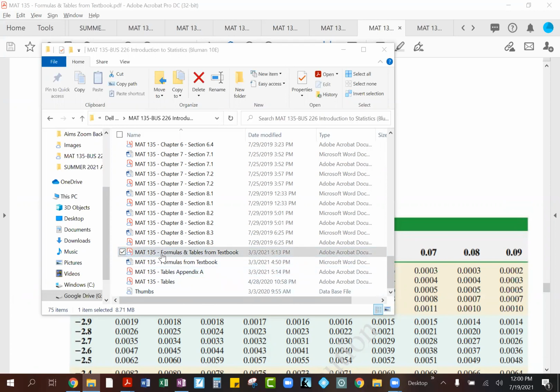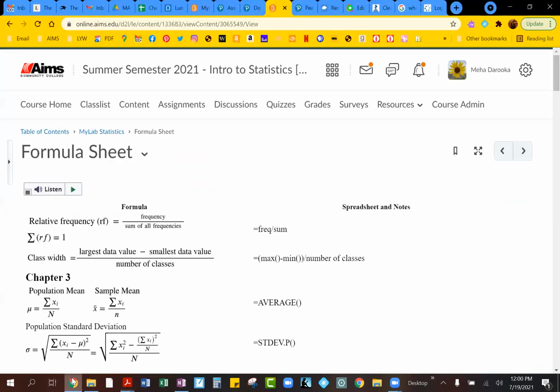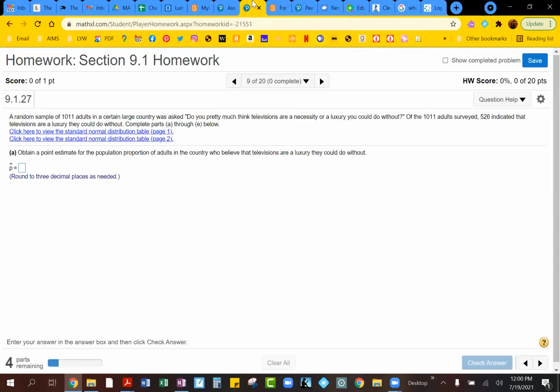So hopefully you will see that file coming through on chat with Zoom. And of course, you will find a lot of similarities with this formula sheet that you already have under MyLab statistics, but you can use both of them, either one of them, whichever one you're comfortable with.